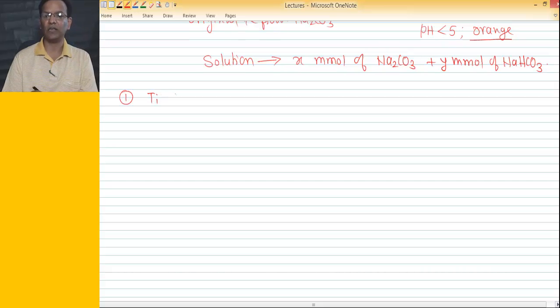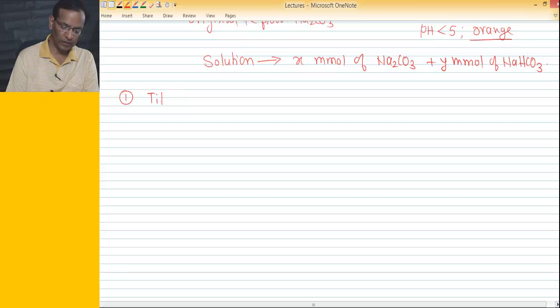If we carry out titration in different sets, once using methyl orange, once using phenolphthalein, and then in a second set of titration, second experiment using methyl orange, then the calculation will be done in this manner.